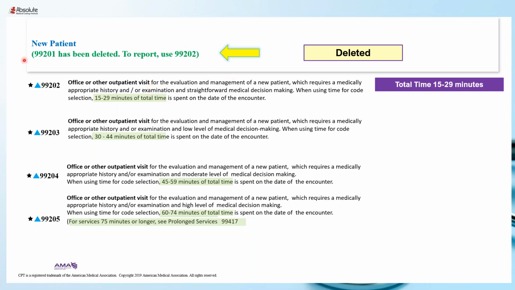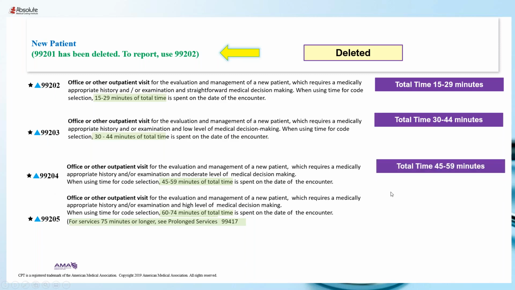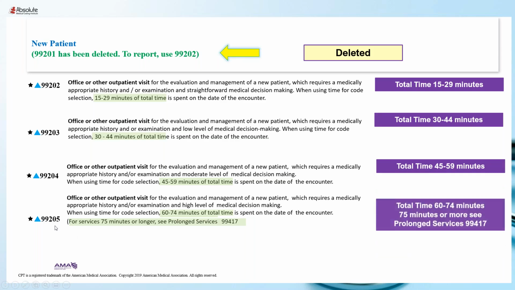Now let's also note that these are the codes for new patients. So if you want to use 99203, the total time will be 30 minutes to 44 minutes. 99204, the total time of that encounter has to be between 45 to 59 minutes. 99205, the total time has to be 60 to 74 minutes.